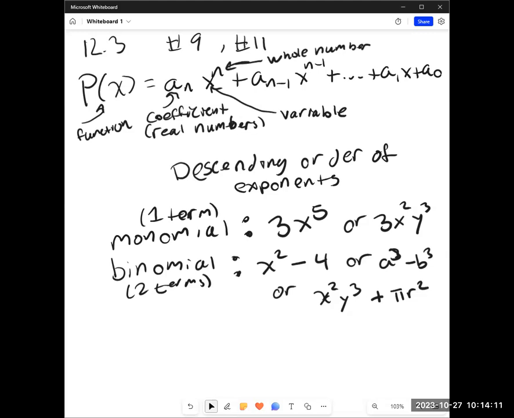Something like that. Notice coefficients can be any real number that we want. They don't have to be rational. They can be irrational numbers like pi.